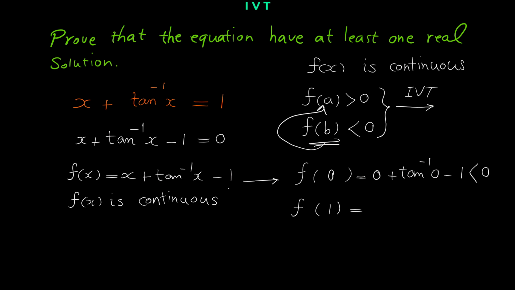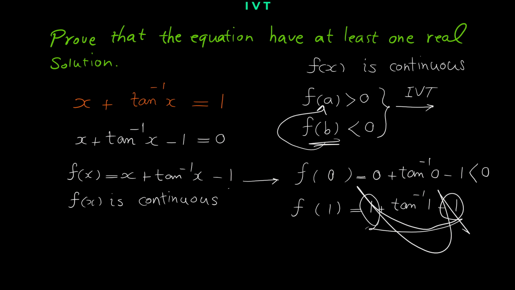If we plug in 1, then we have 1 plus tangent inverse of 1 minus 1. 1 minus 1 cancel each other. Only tangent inverse of 1 remains. Even if you don't know what tangent inverse of 1 is, probably you know that it is positive. So this would be greater than 0.